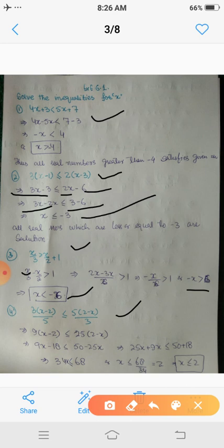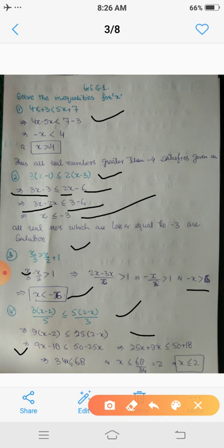Now the fourth one is 3(x - 2)/5 ≤ 5(2 - x)/3. By simple cross multiplication, it is 3 × 3, that is 9(x - 2) ≤ 25(2 - x). By multiplying, it is 9x - 18 ≤ 50 - 25x.